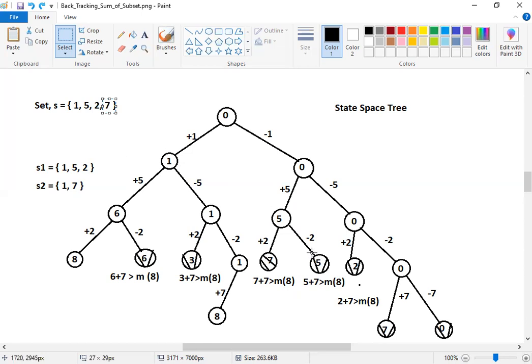If I wish to include 7, 5 plus 7 is going to be 12. Again, that 12 is greater than our m value, that is 8. That means I cannot include 7 as well. So getting the solution in this order will also lead us to a dead end. We will not get any solution in this order also.